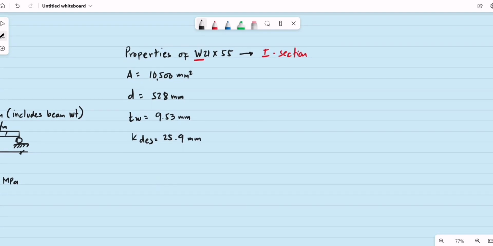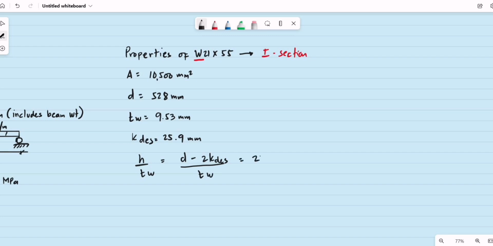We need the value of the slenderness ratio for the web, that is h divided by t sub w. Again, this is equal to the total depth of the section minus twice the k des, divided by the thickness of the web. So we substitute.